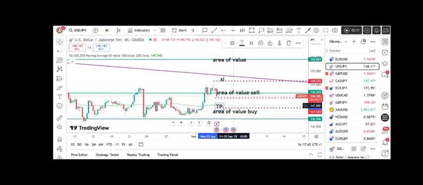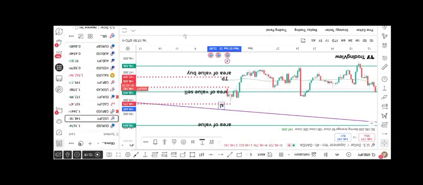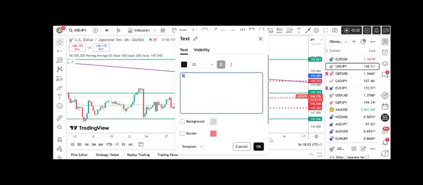So this can be a TP and here can be the stop loss. Then the exit if you are wrong, that's our stop loss.